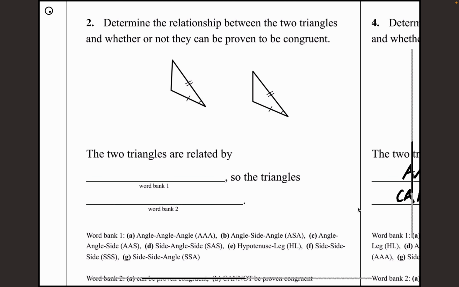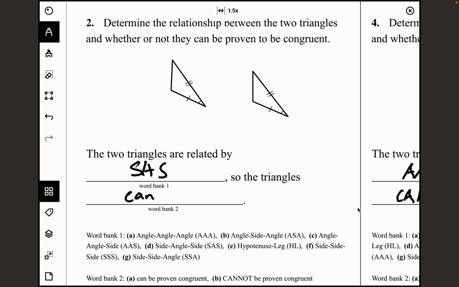What about this one, Austin? It's SAS, because that angle is in between the two congruent sides. Is SAS one of the ones we talked about? So they can. All right? Perfect. Do we have any questions on those four?